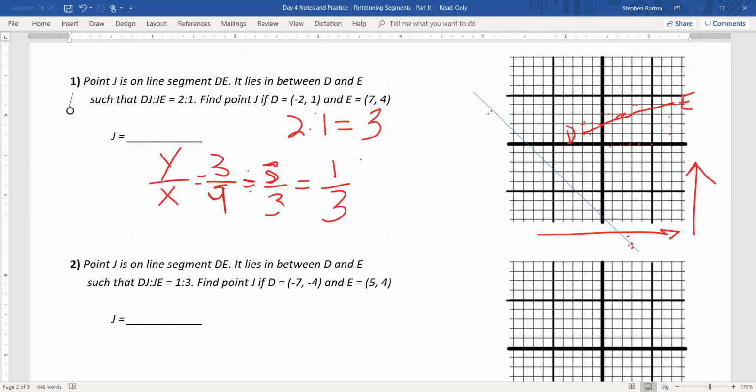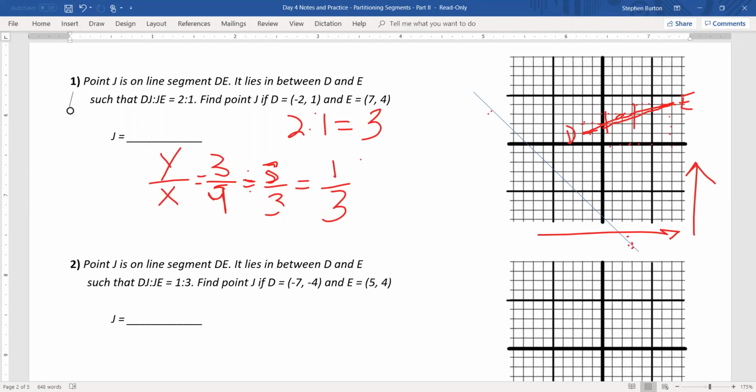I think we're getting the point here: move up 1 and over 3. Up 1 and over 3, 1, 2, 3. Up 1, 1, 2, 3. Okay, so we got a partition here, and then there's the other one.